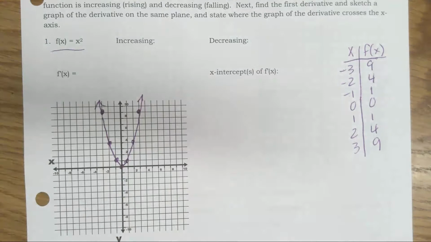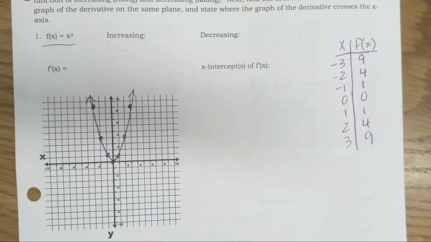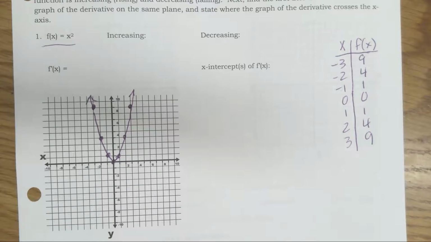Okay? Now, intervals on which it is increasing. You read increasing and decreasing like you read a book. From left to right. When does this graph start to rise? From where to where? 0 on, right?